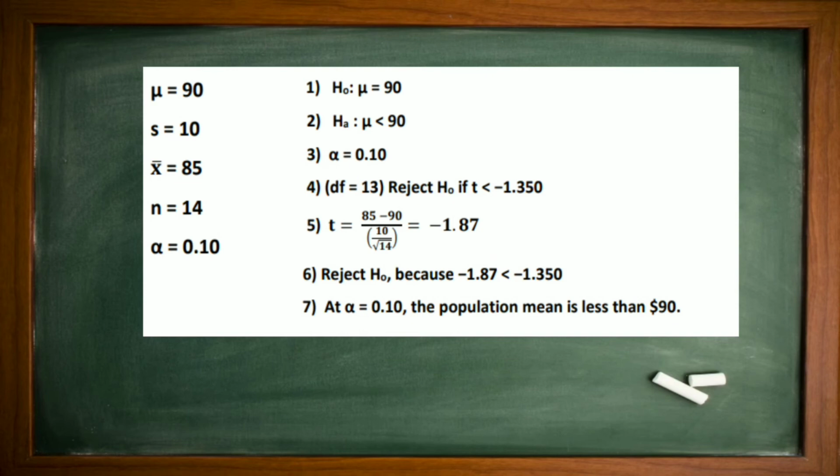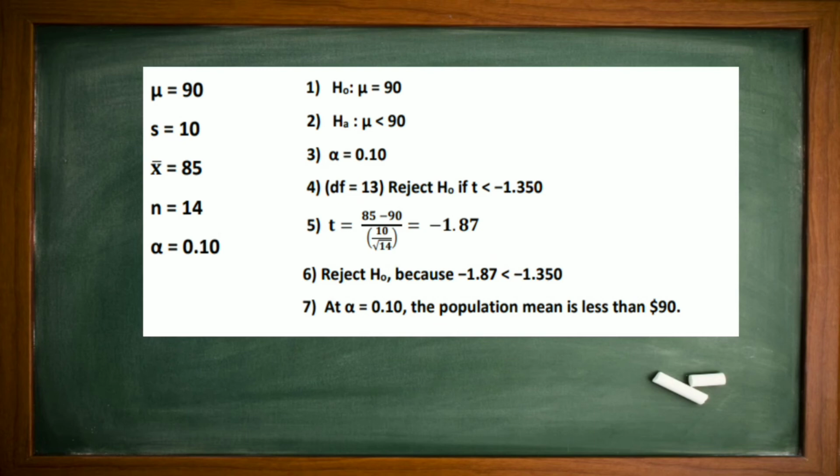We have capital letter H, small letter A, and then colon. Then, we have the population mean is less than 90. So, less than po yung ginamit natin, kaya ibig sabihin yan, left-tailed test.